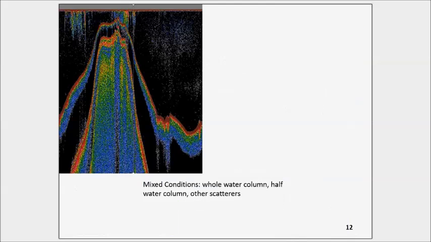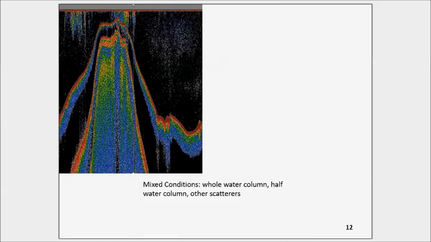So the next question you might ask, well, that's fairly straightforward and a fairly uniform example for strong through the water column and medium through parts of the water column. What happens if you get a set of mixed conditions in the same data frame?